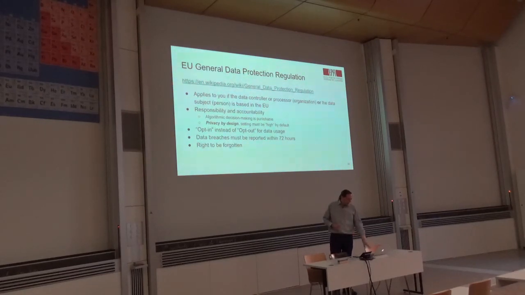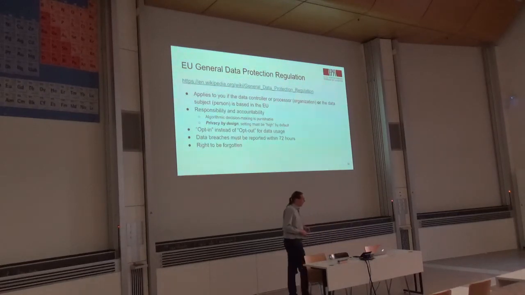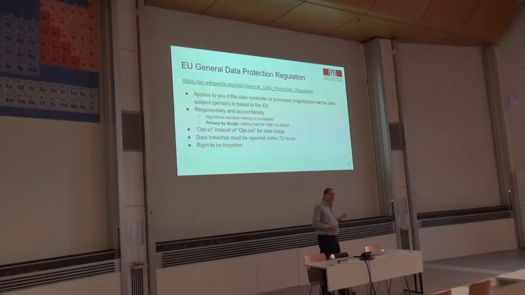Just to wrap up, the GDPR defines a much stronger set of privacy regulations, including important privacy-by-design provisions. It requires many uses of data to be opt-in rather than opt-out. It sets reporting requirements, like data breaches must be reported within 72 hours.